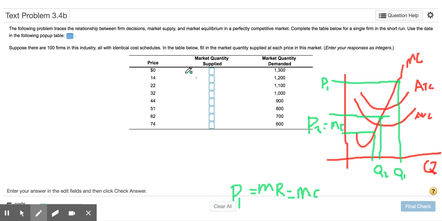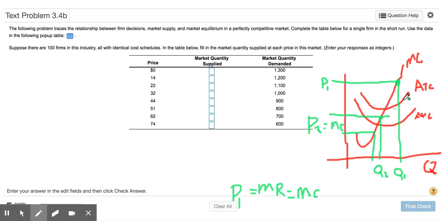So our goal to answer this question is, we need to find where the price is equal to marginal cost, or slightly greater than marginal cost. We might not have them exactly equal to each other, so we have to find a price that is equal or slightly higher than marginal cost, and check whether that price is above or below average total cost.